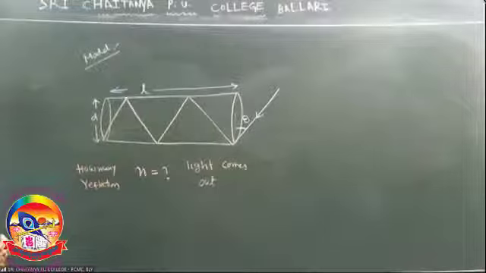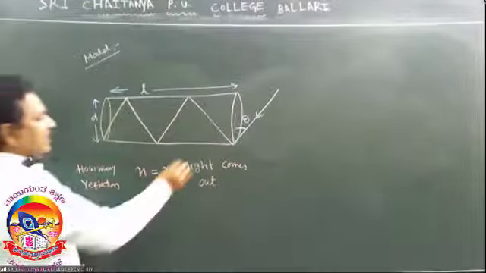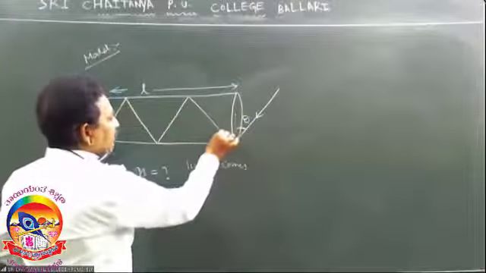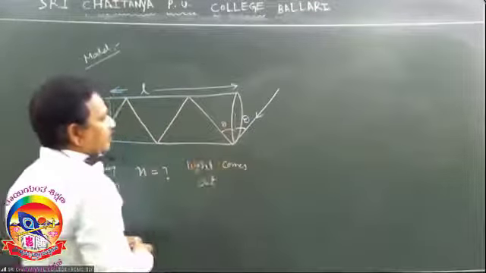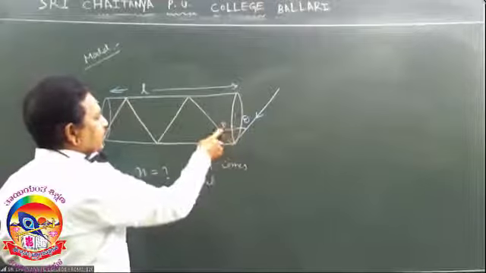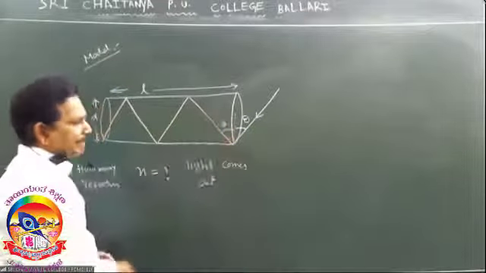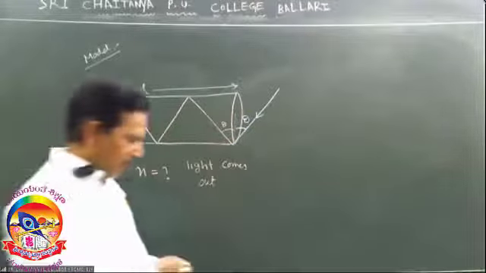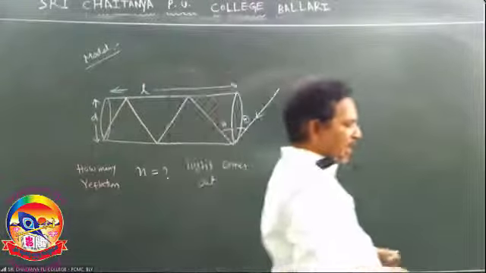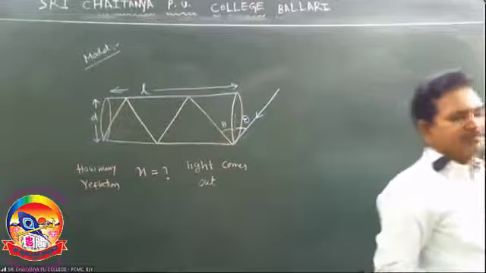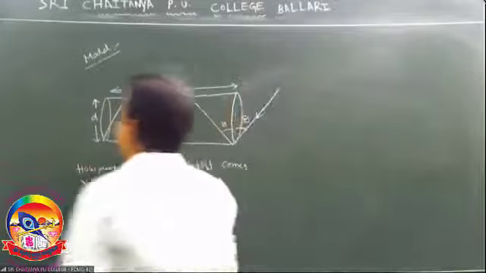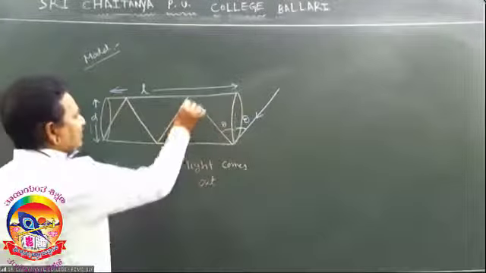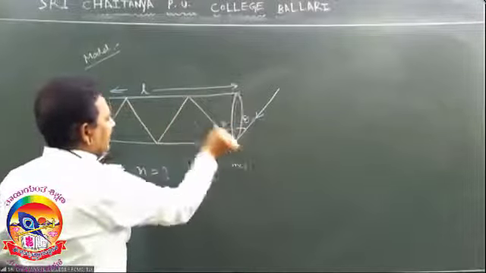How to find it easily? If this is theta, this is also equal to theta. Why is this also equal to theta? Because angle of incidence is equal to angle of reflection. Here, I will form a right angle triangle.